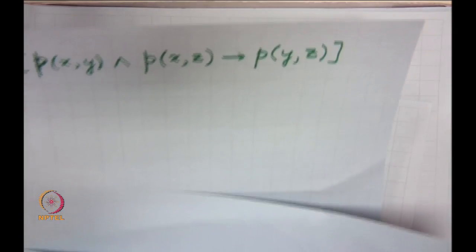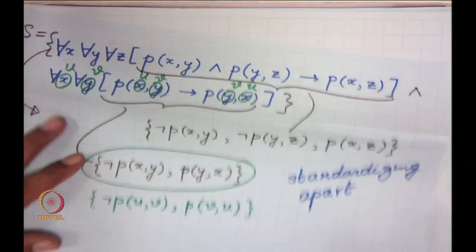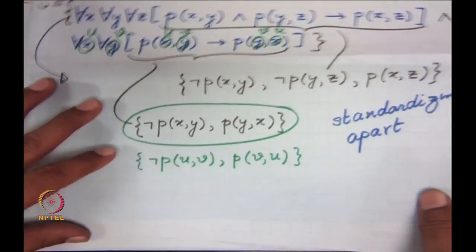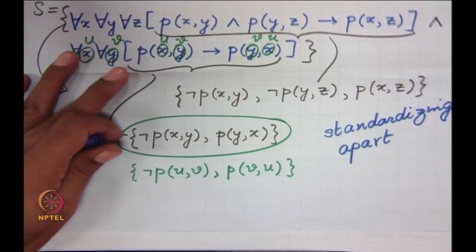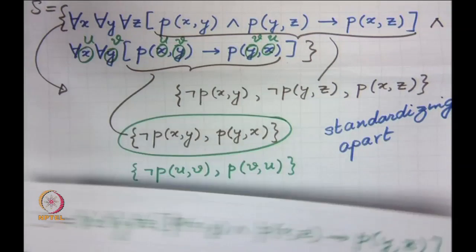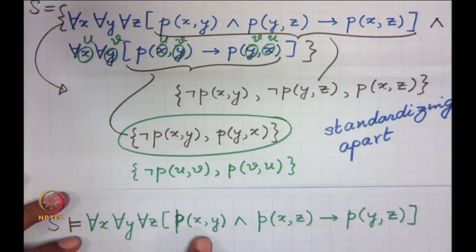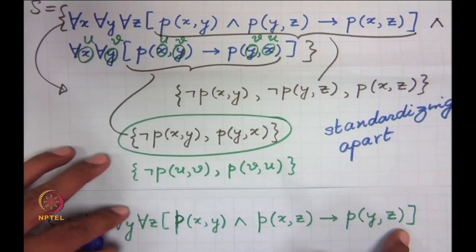So let's just look at this. So we can actually prove, having standardized apart, what you can actually do is, I want to prove this: for all x, y and z, p x y and p x z implies p y z, right.